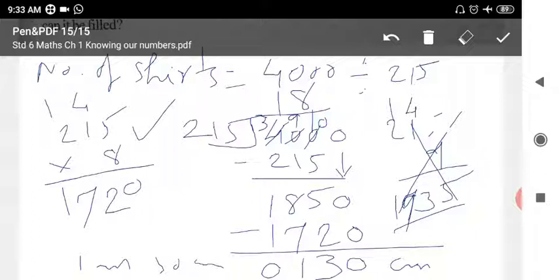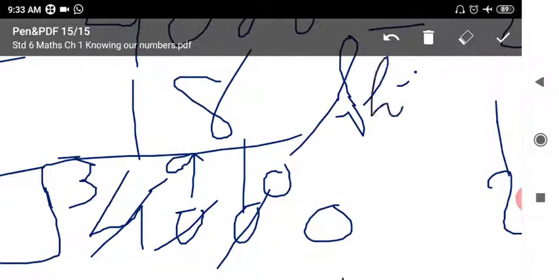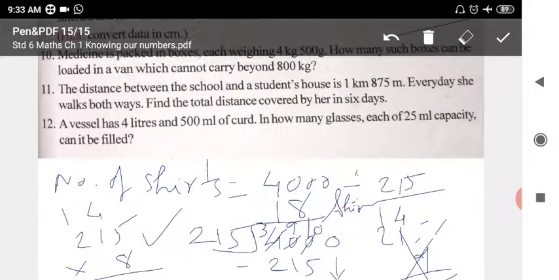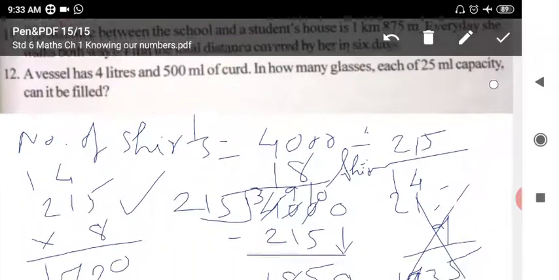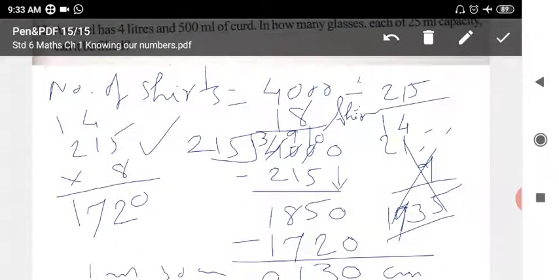And how many shirts can be prepared? 18 shirts. Okay, so 18 shirts can be prepared, and 130 means 1 meter and 30 centimeter cloth is remaining. Okay, so I hope you understood this question. Let's move ahead.